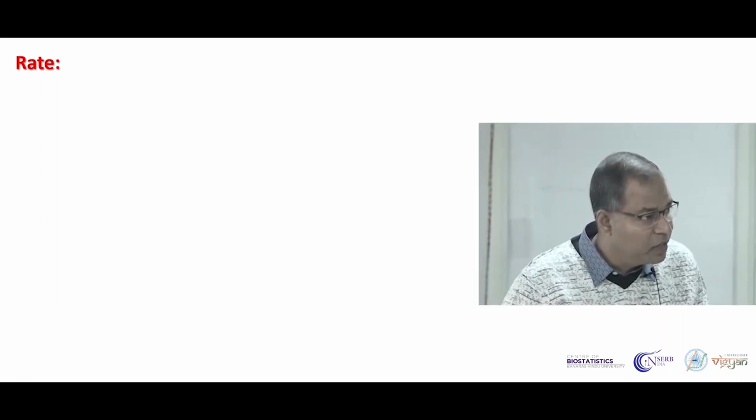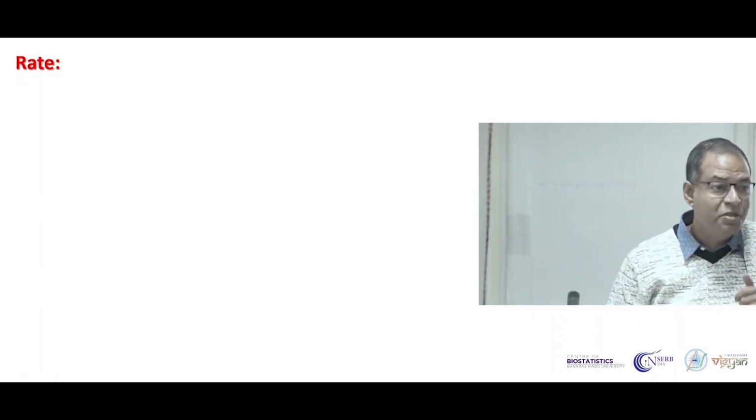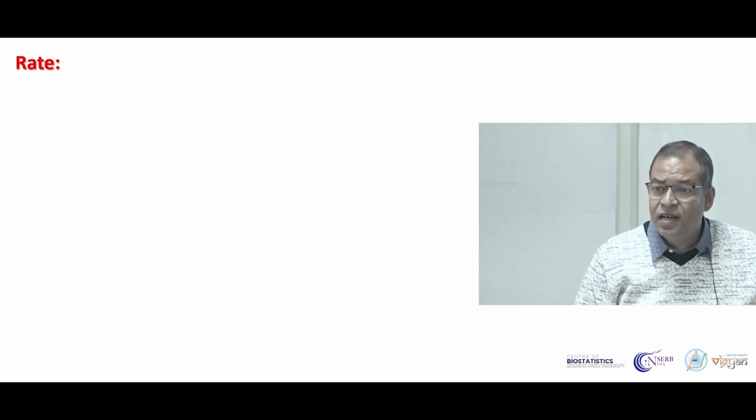Is it before COVID or after COVID, before independence or after independence? So many questions might arise, isn't it? So the fourth component, which is very important, is the time specification. So please remember, whenever we talk about the rate, there are 4 components: the numerator, the denominator, the multiplier, and the time specification.